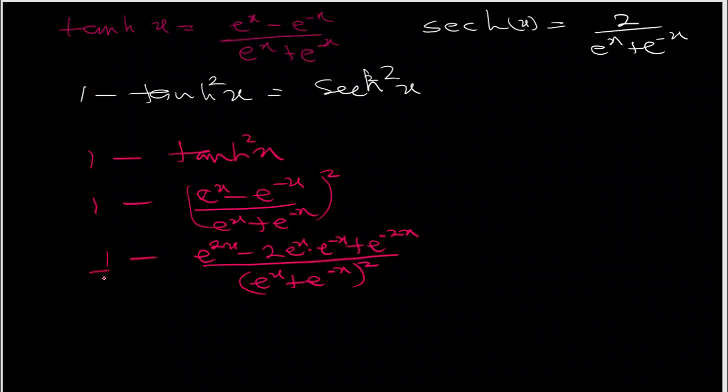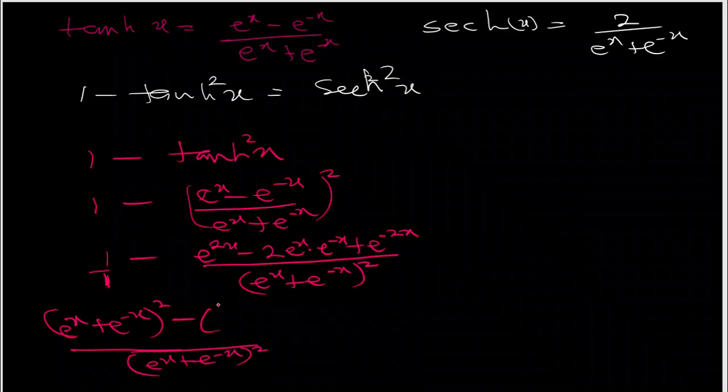So here the denominator is 1, and our LCM becomes e power x plus e power minus x squared. So this side becomes e power x plus e power minus x squared minus the whole of the numerator here, e power 2x minus 2 plus e power minus 2x.